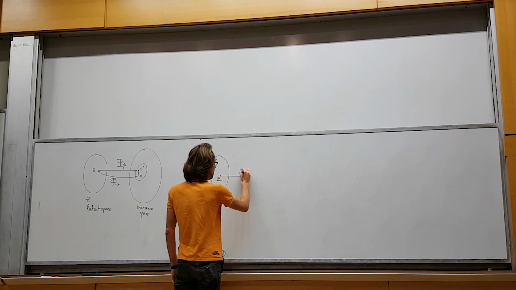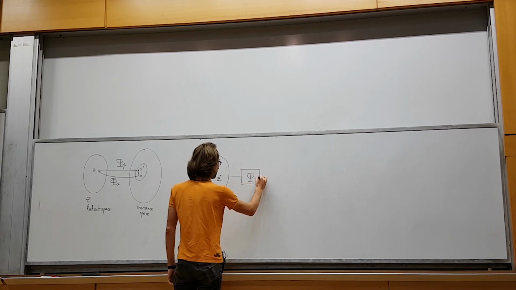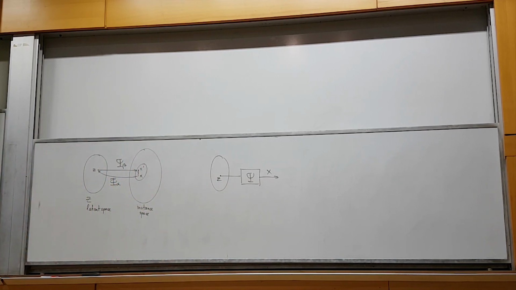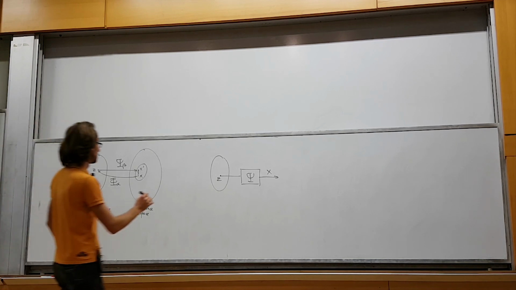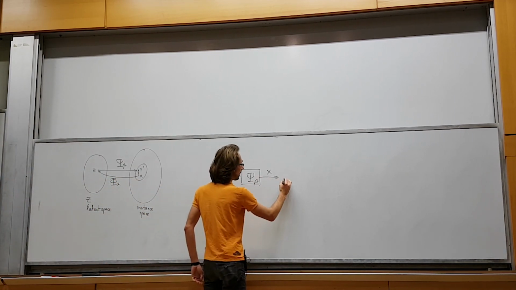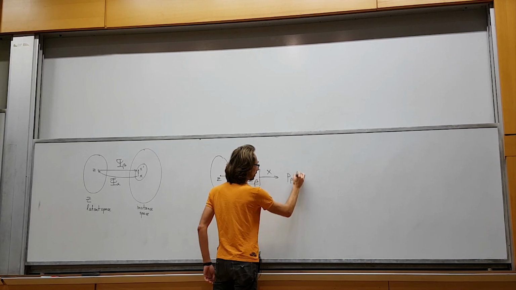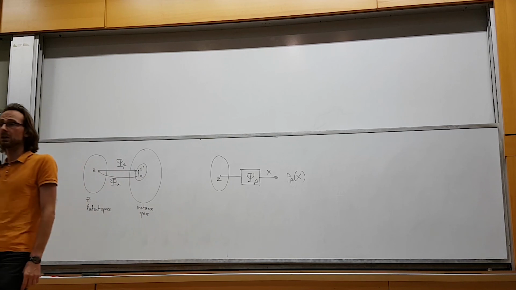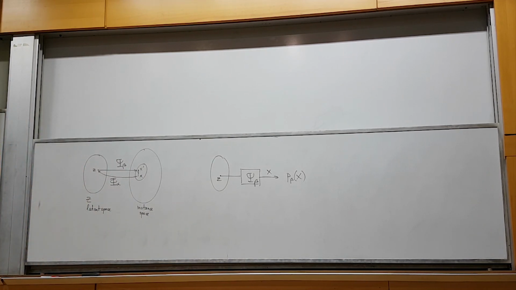I'm training a decoder network, let me call it beta, that produces an instance X from the latent variable Z. As a result, I will have some distribution, let me call it P beta X. Every selection of the parameter beta gives me a probability density function, so I have a parametric family of densities, P beta, depending on the parameters of the network. This might be a very complicated density function.